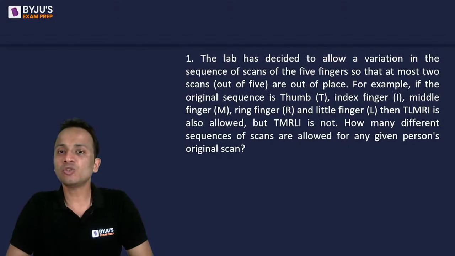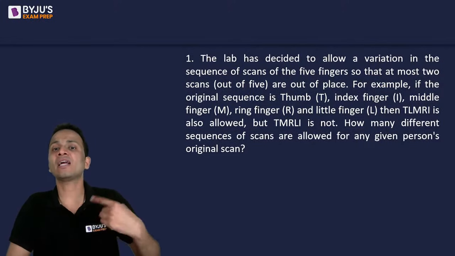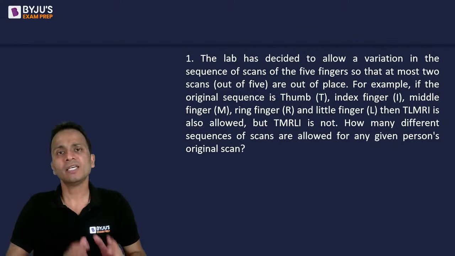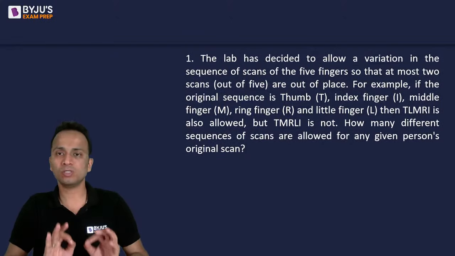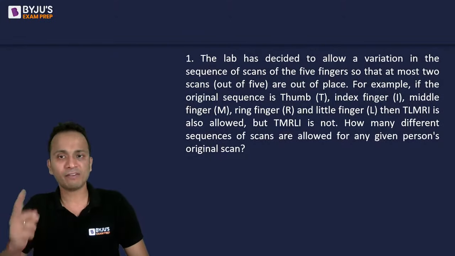The lab has decided to allow a variation in the sequence of scans of the 5 fingers so that at most 2 scans out of 5 are out of place. ठीक है, ज्यादा से ज्यादा 2 scan out of place हो सकते हैं. They have given the example.